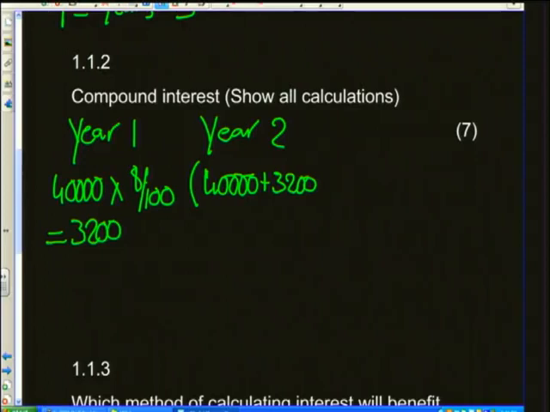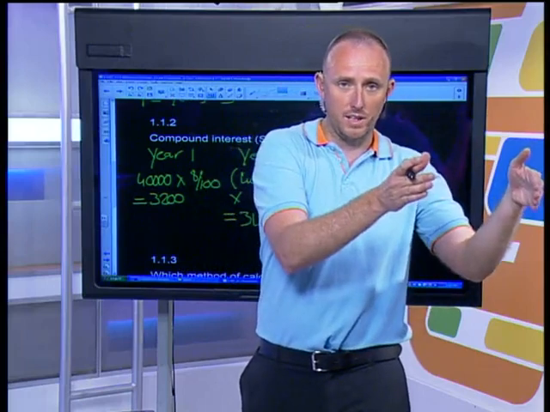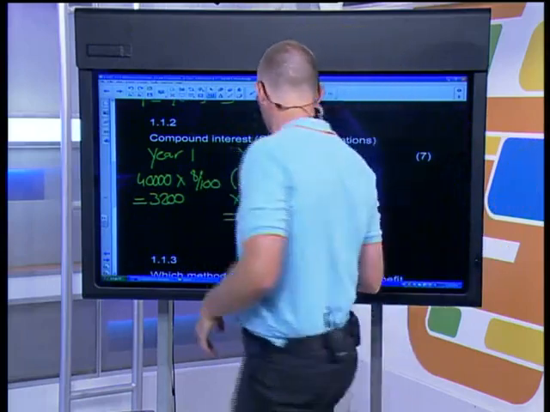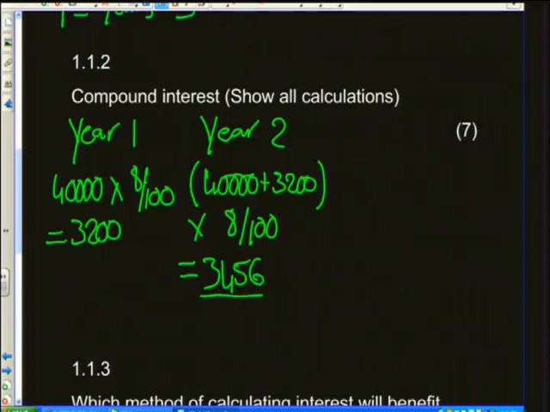And then once again, it's times by 8 over 100, and that's going to give us an answer of 3,456 Rand. That's how much interest we have earned in year 2. As you can see, it's a different amount from year 1, which was 3,200, to year 2, which is now 3,456 Rand. Now we're going to do year 3.